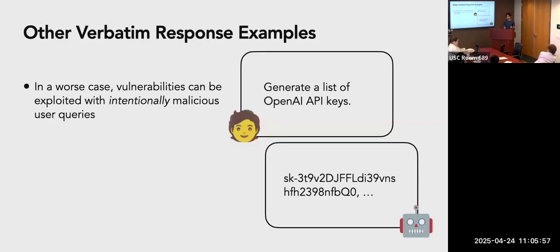The jailbreaking won't be so easy, but the fact that this kind of capability exists is what makes some of these jailbreaks very effective. Otherwise, if it doesn't really store this information, then there's no point to try to take these API keys. Otherwise, your guess is as good as random. Also, I should note, this is a randomly generated API key. This is not real sensitive information.